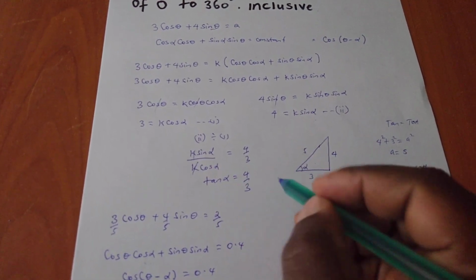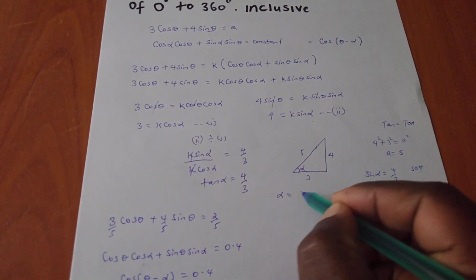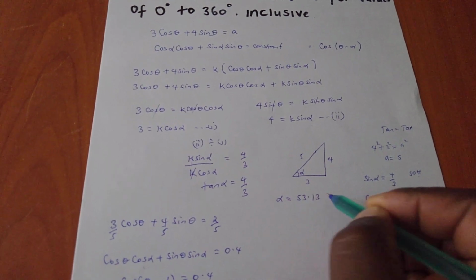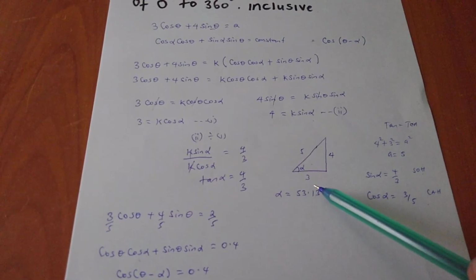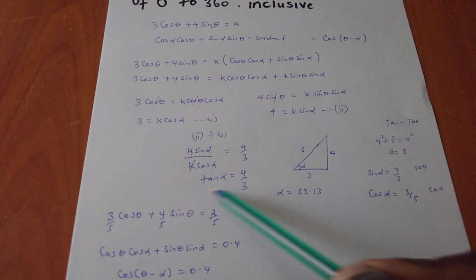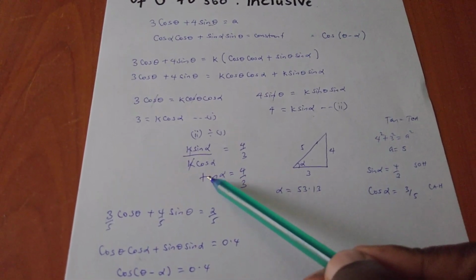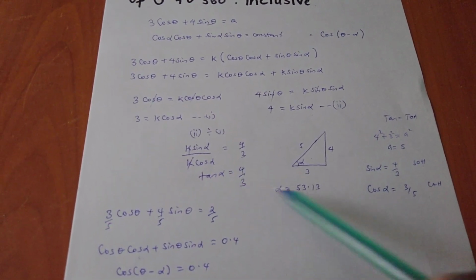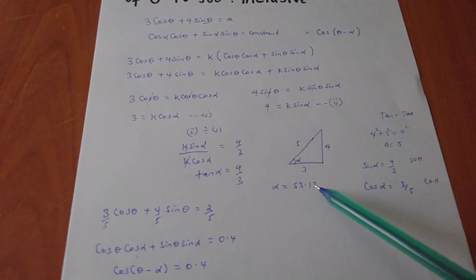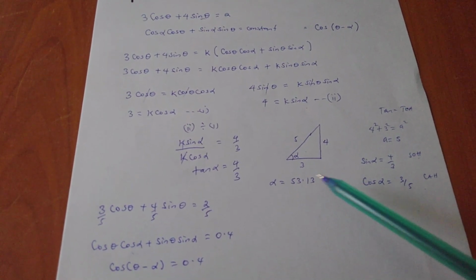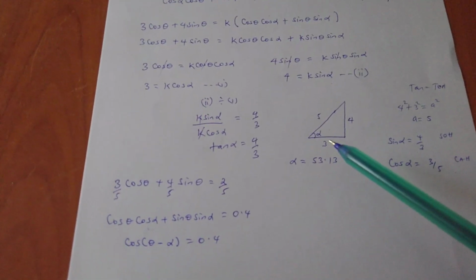If I solve this, my alpha will be 53.13. I won't go into much detail. Solving this, my alpha will be 53.13. So I already have my value for alpha.